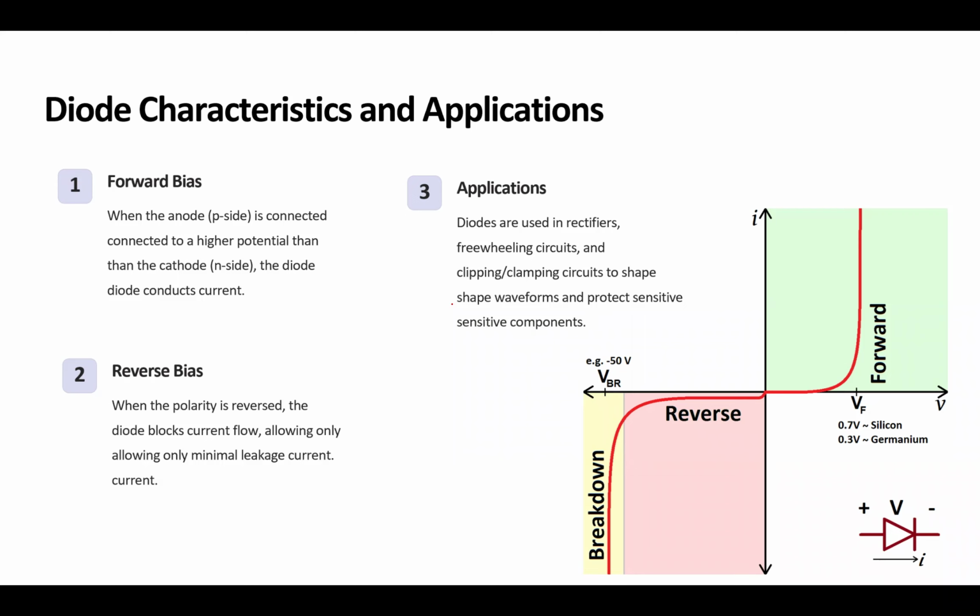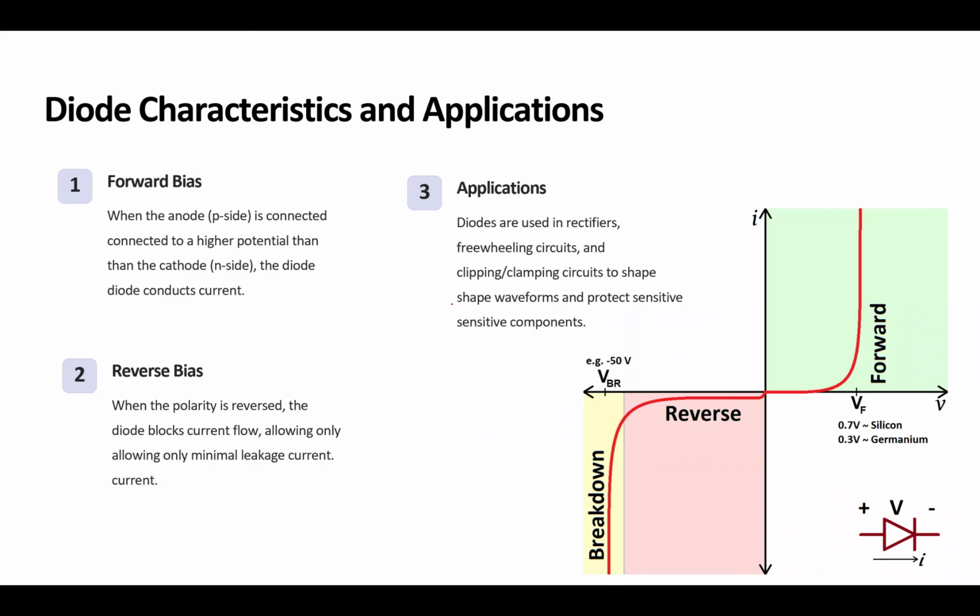Now, in your reverse part, if you change the direction of the voltage, it cuts off the current until the voltage gets big enough to break the whole system and cause an avalanche breakdown in the semiconductor. So it cannot resist that amount of voltage.